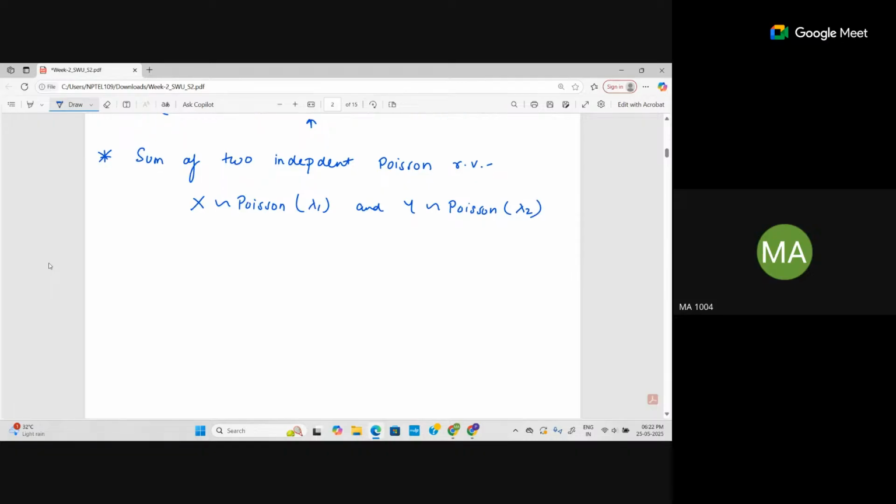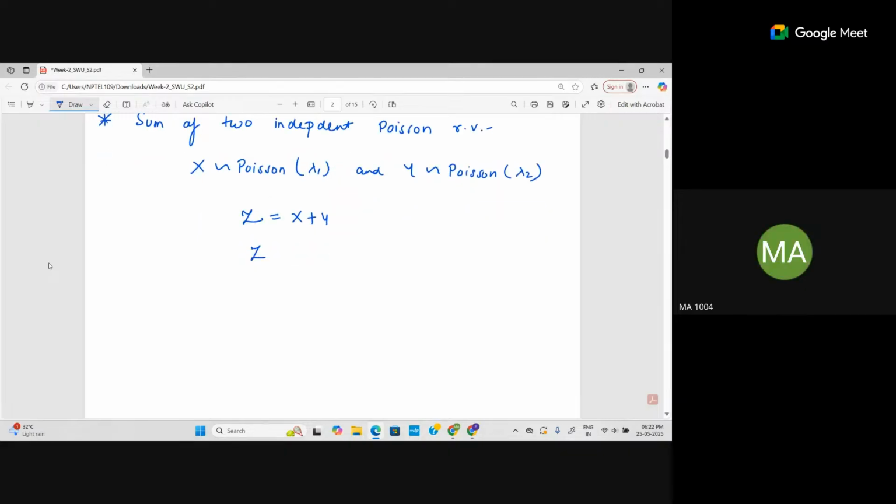Now we define another random variable z equals x plus y. Can you tell me what will be the distribution of z? Poisson with lambda 1 plus lambda 2. Yeah, so z will be following Poisson distribution with parameter lambda 1 plus lambda 2. Okay.